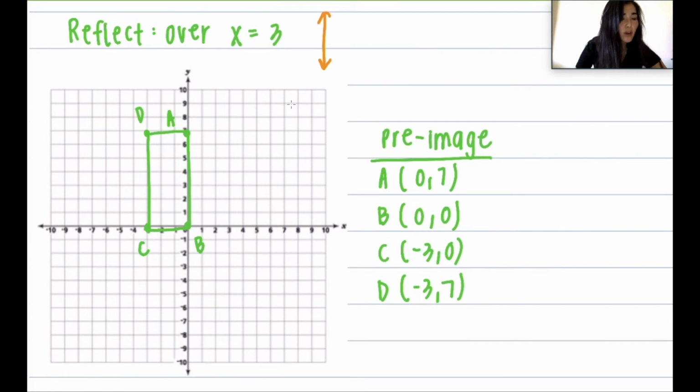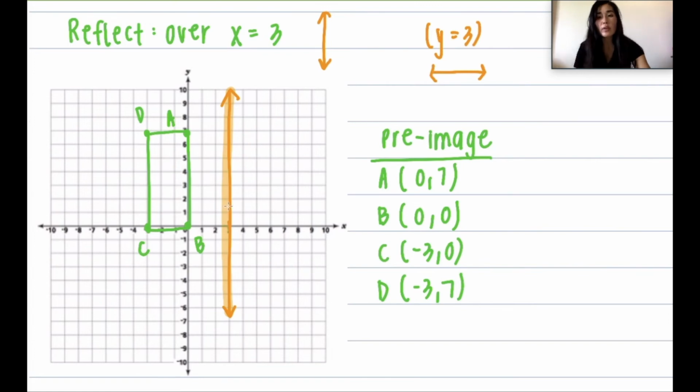Versus, let's say if you had y equals, it would be a horizontal line. And so I'll show you that before we finish this problem. But here, x equals 3 means that there's going to be a vertical line at 3. So on your x-axis here, you're going to find 3. And that's right here. We're going to go ahead and put in our vertical. All right, and so this is what we're going to be flipping over.